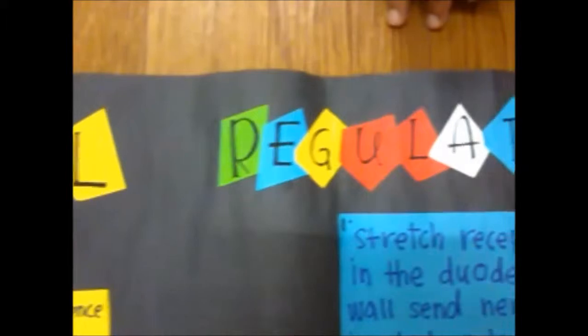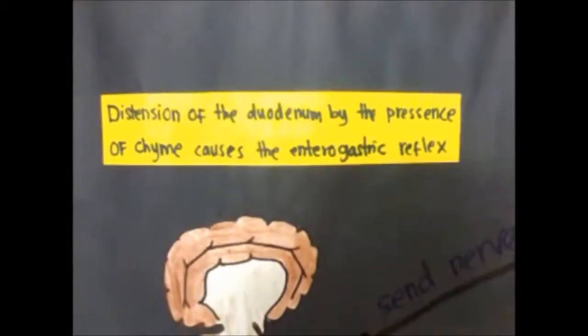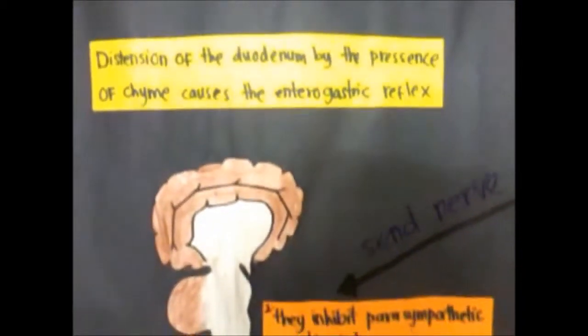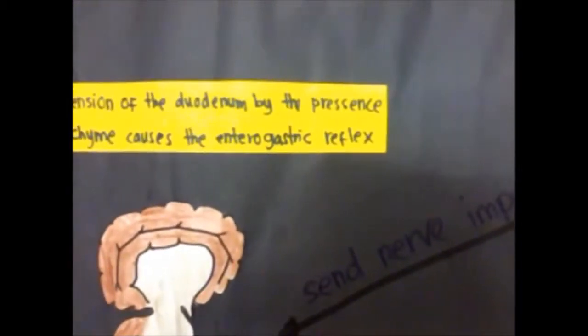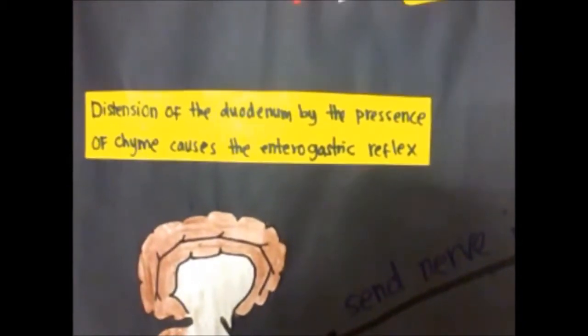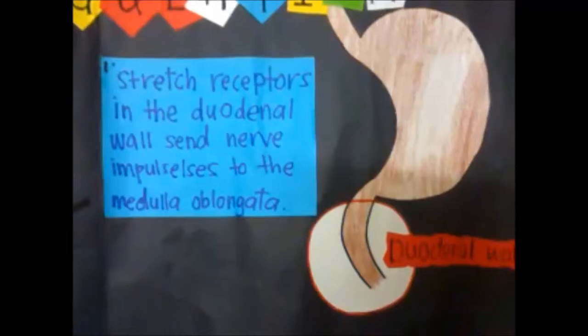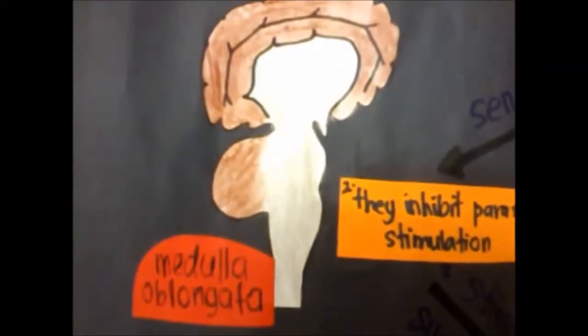First, neural regulation. Distension of the duodenum by the presence of chyme causes the enterogastric reflex. Stretch receptors in the duodenal wall send nerve impulses to the medulla oblongata, where they inhibit parasympathetic stimulation and stimulate the sympathetic nerves to the stomach.